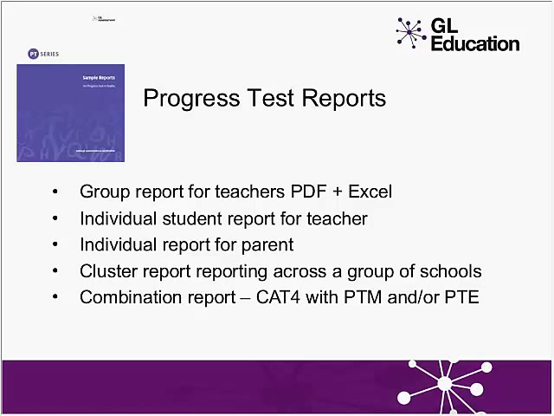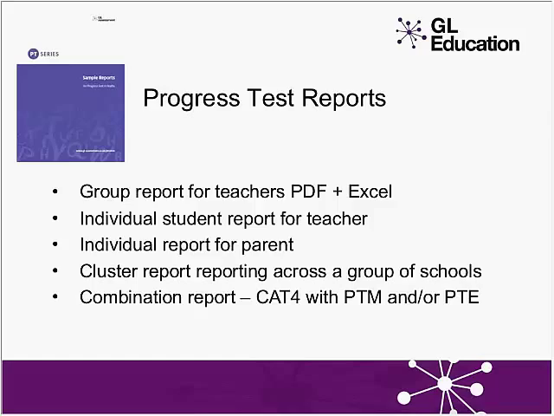We also, if you use our cognitive ability test, then there's a free combination report within CAT4, which will enable you to look at how the progress test maths standard age score will compare with their quantitative score within CAT4, and the same with English against their verbal score. So you can begin to see that the students are not only making progress, but they are in line with what their indicated scores should be.